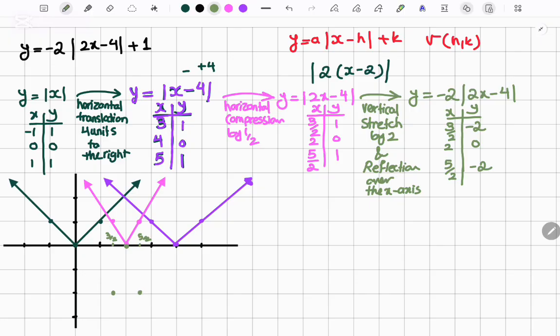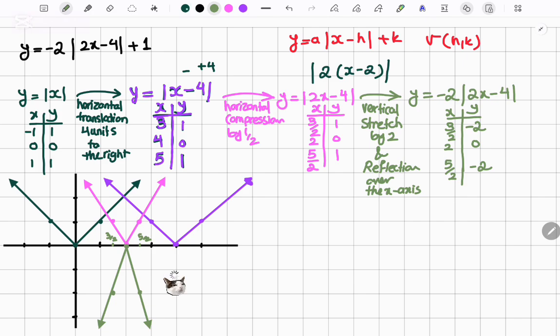Now I'm going to plot the points. So that is going to be, as you can see, the graph compared to the previous one has been kind of like vertically stretched, okay?